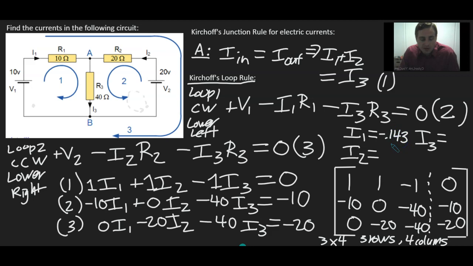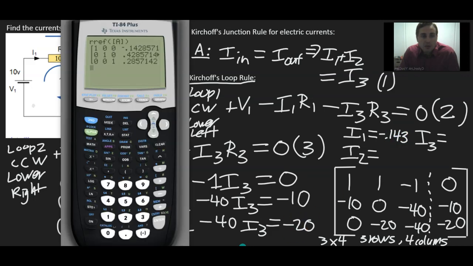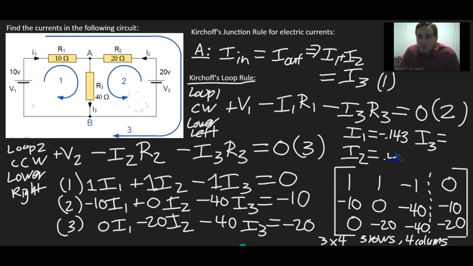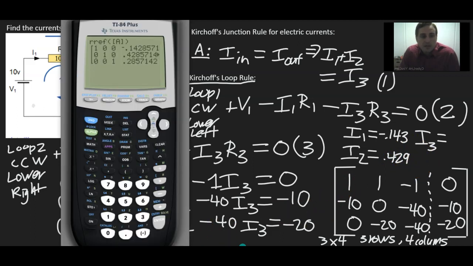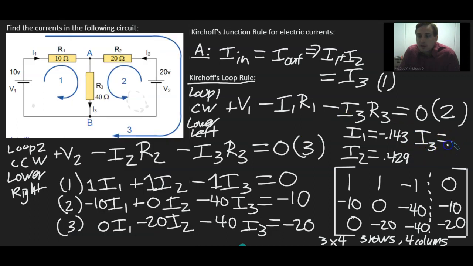I2 is 0.429. And then lastly, I3 has the value of 0.286. All of these will have units of amperes.